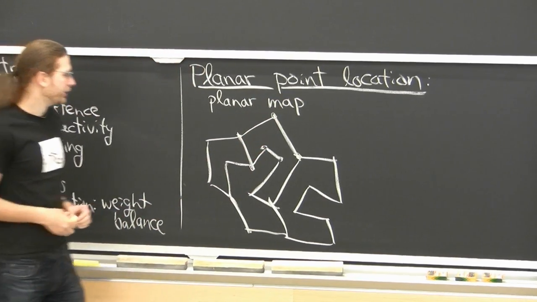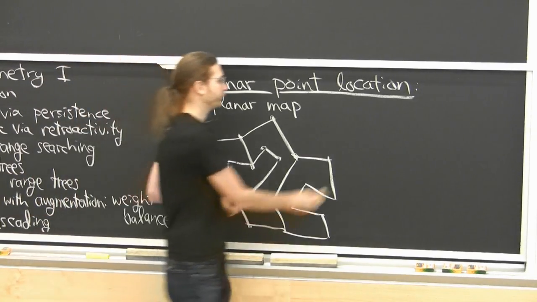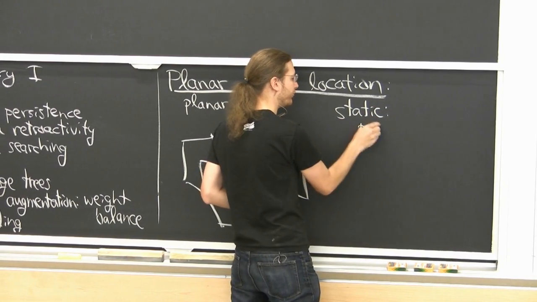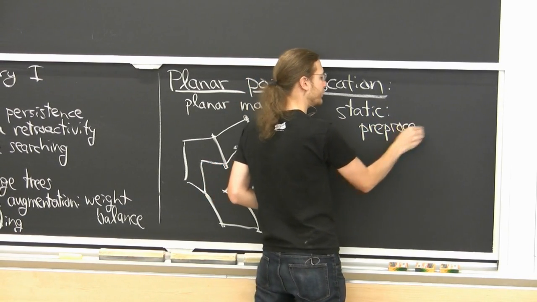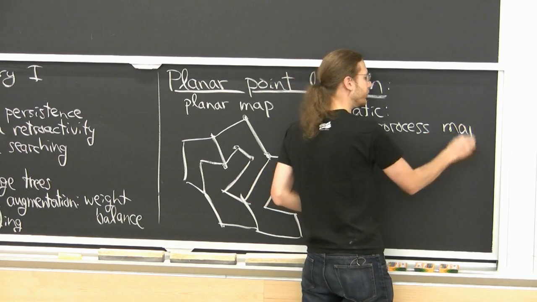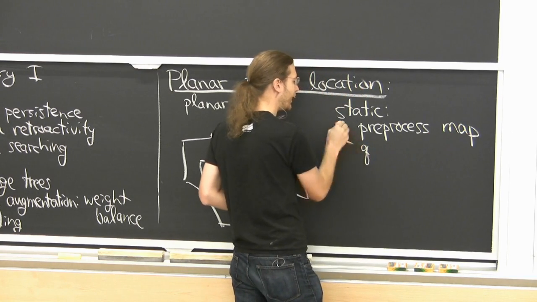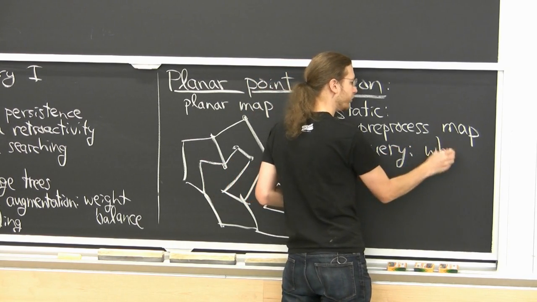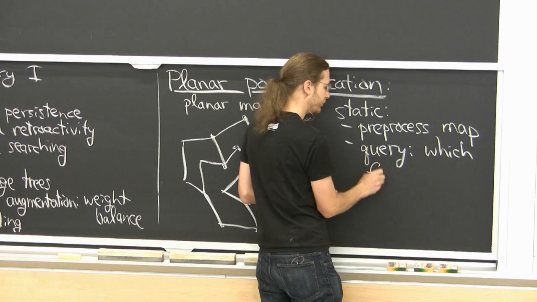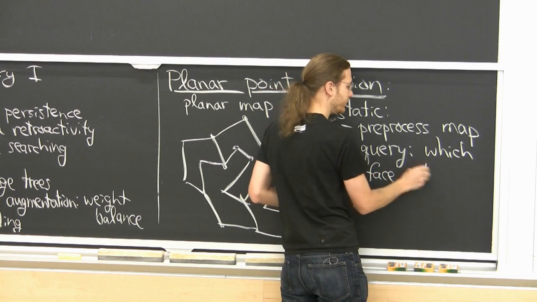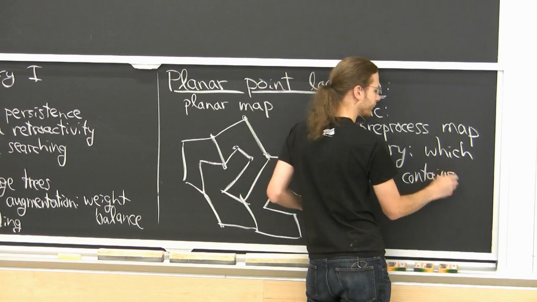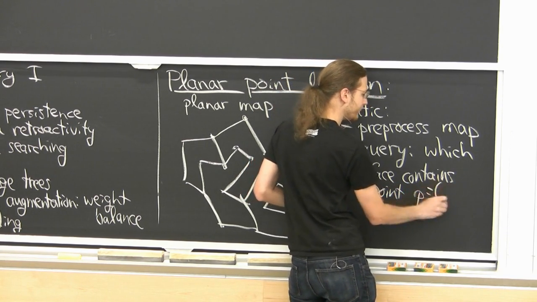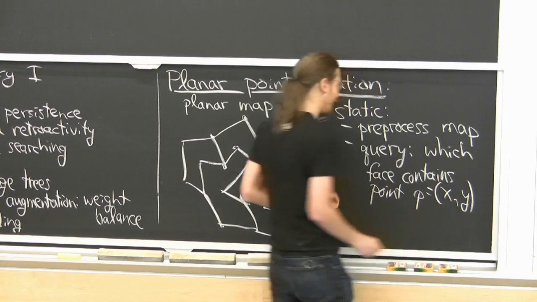And the static version of this problem, so there's two versions. One is static. You want to pre-process the map. So I give you a single map up front, and then I want to support dynamic queries, which are which face contains a point P. So that point P is going to be given to you as coordinates, x and y.